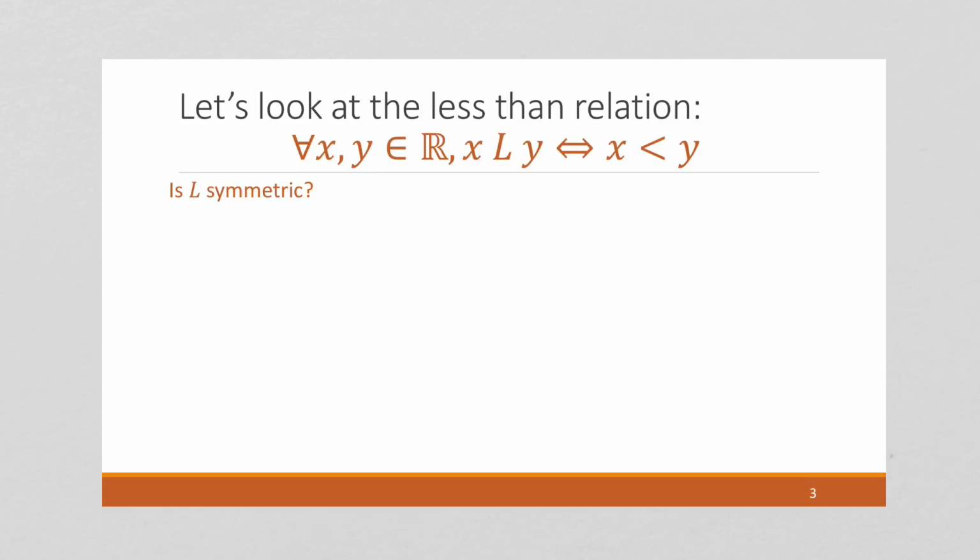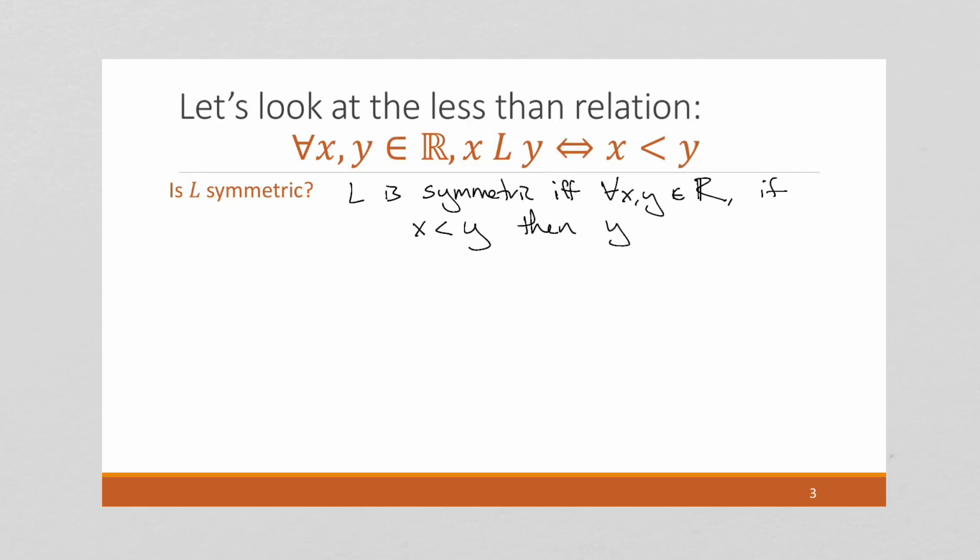So now we ask ourselves, is the less than relation symmetric? And again, let's recall the definition. We say L is symmetric if and only if for all x and y in the real numbers, if x is related to y, I'll just stick with this less than symbol, x less than y, then y is less than x, right?